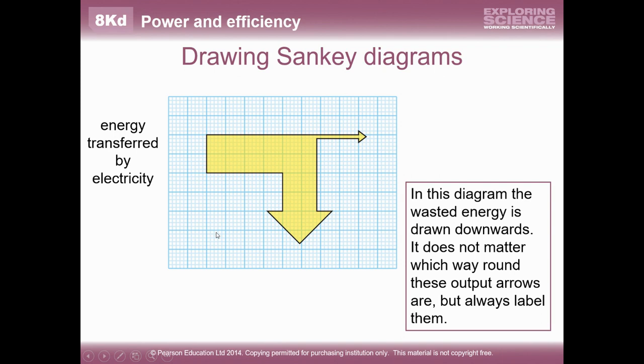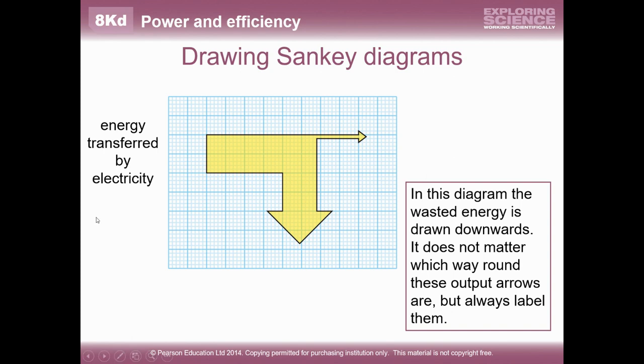Rather than giving our values in joules, we're giving the values as a percent. So we can use the same scale that one small square equals 10 joules. Therefore, 10 small squares equals 100 joules, or in this case, I should say 100%. This arrow is now 9 squares to represent 90%, and this arrow here is now 1 square to represent 10%.